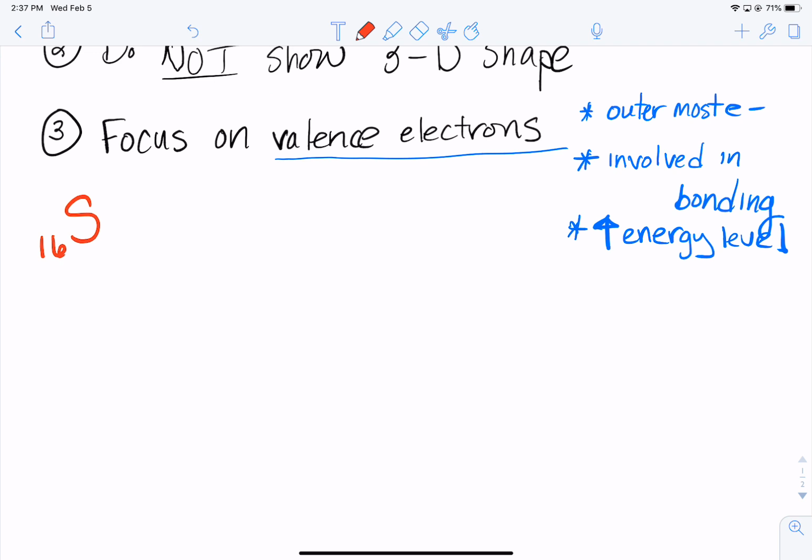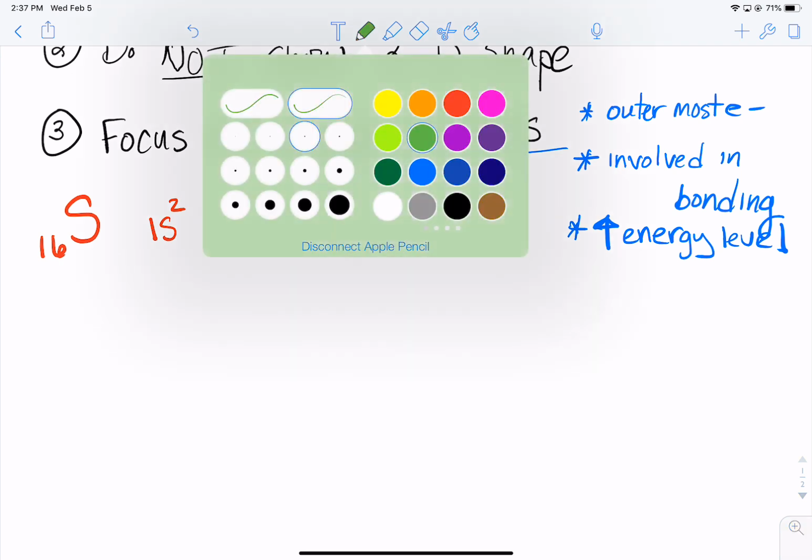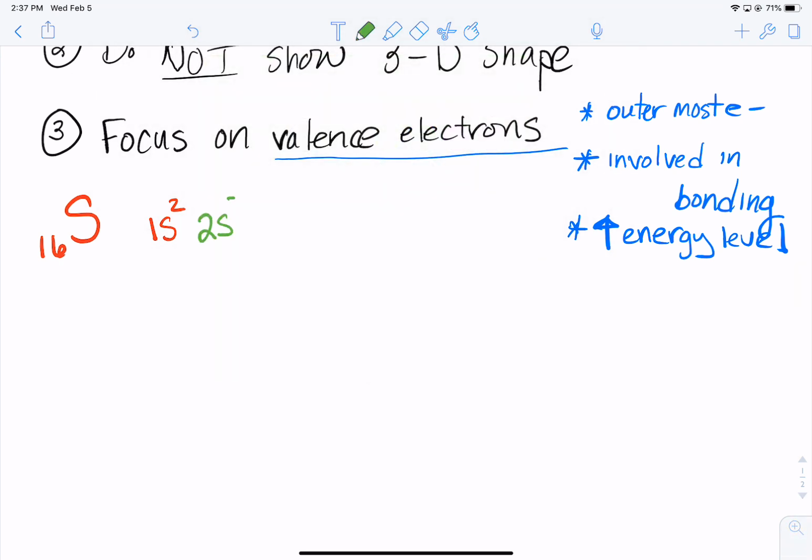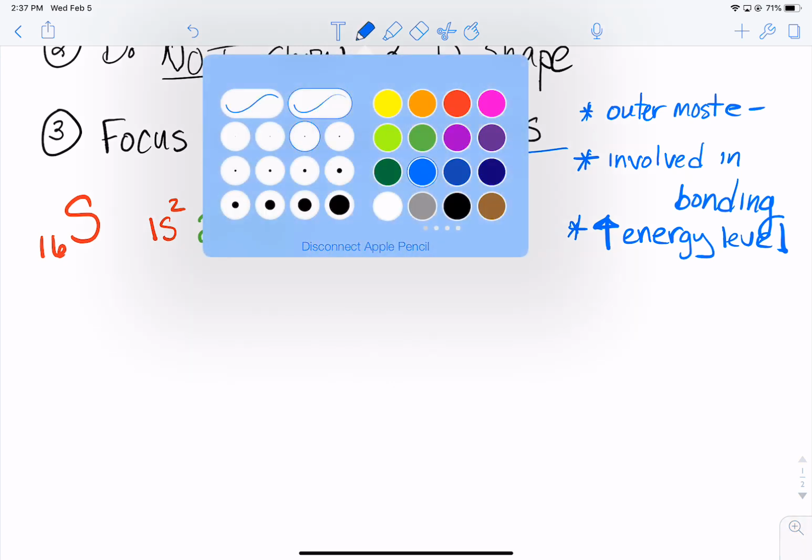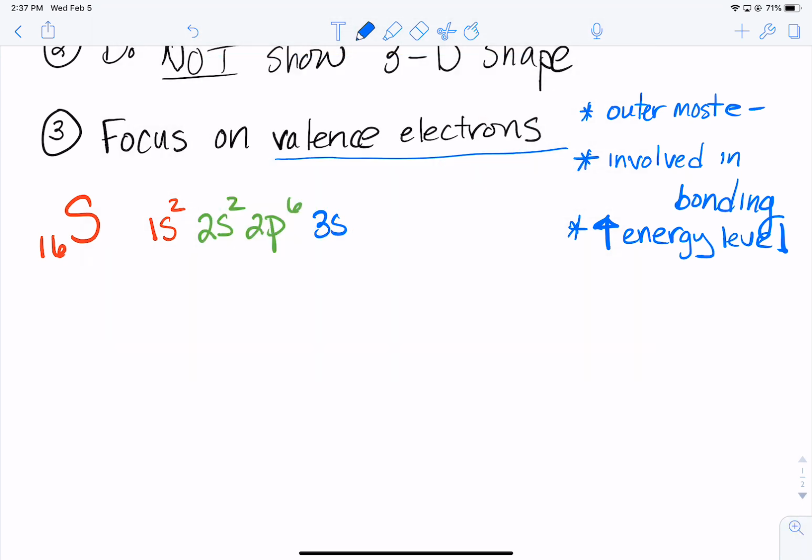How do I determine how many valence electrons are in sulfur? Well, I would do its electron configuration. So 1s2, then I'm going to do 2 in green, 2s2, 2p6, and then in blue, it's 3s2, 3p4.